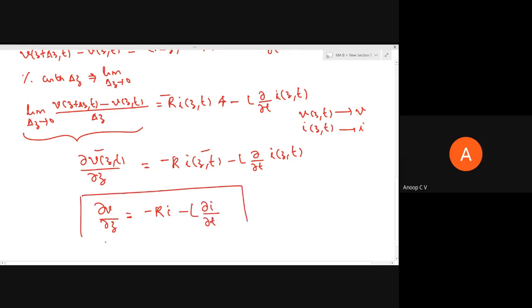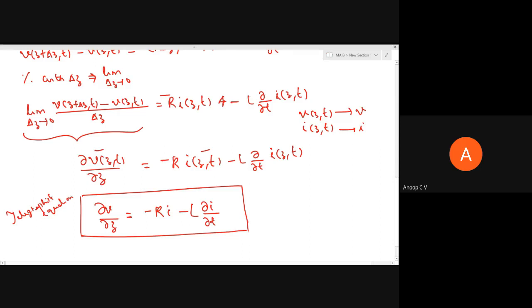So we are getting an equation, a coupled equation, with ∂v/∂z and current also. But finally, I need an equation only in v or only in i. That should be my transmission line equation. But this coupled equation which I got is normally called the telegraphist equation.